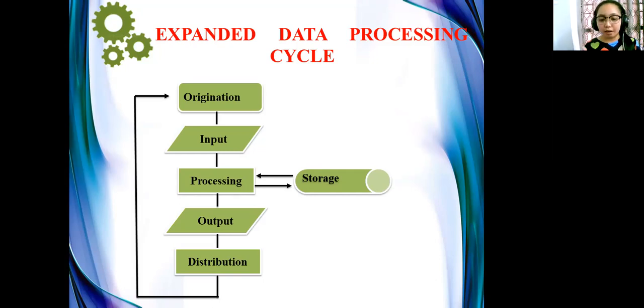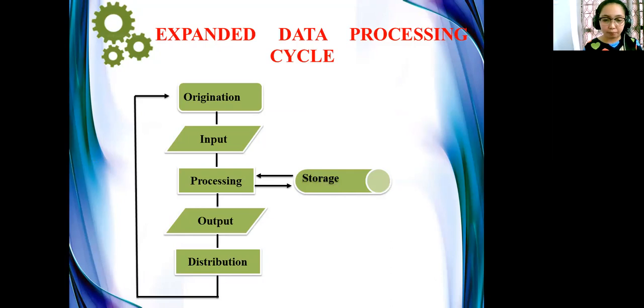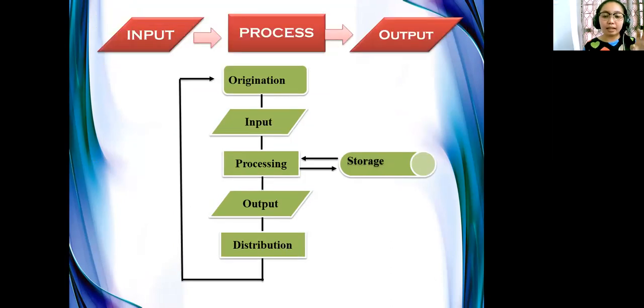Okay po? Naiintindihan po? Okay, ito po. So, ayan, makikita natin ano yung differences ng dalawa, the data processing cycle and the expanded data processing cycle. So, kung mapansin natin, we have the input, process, output for the data processing.